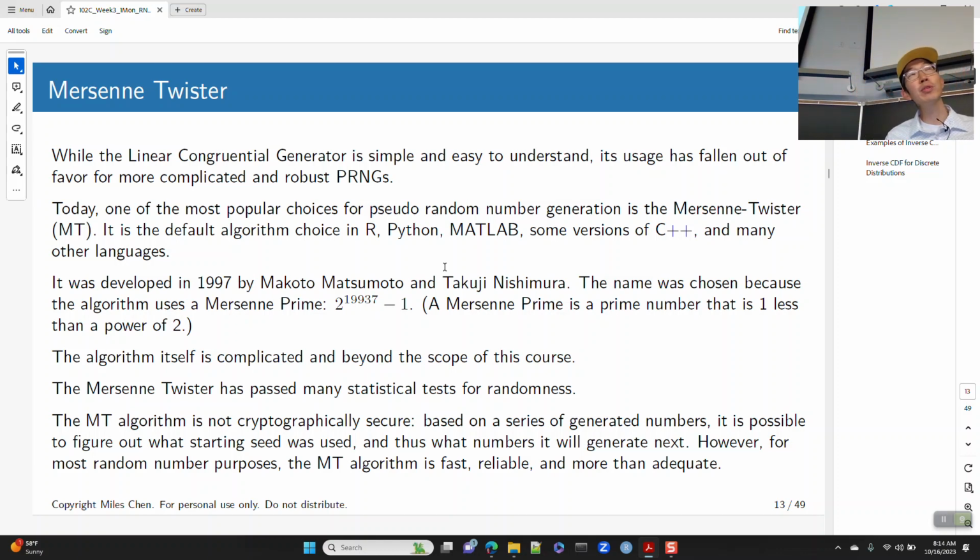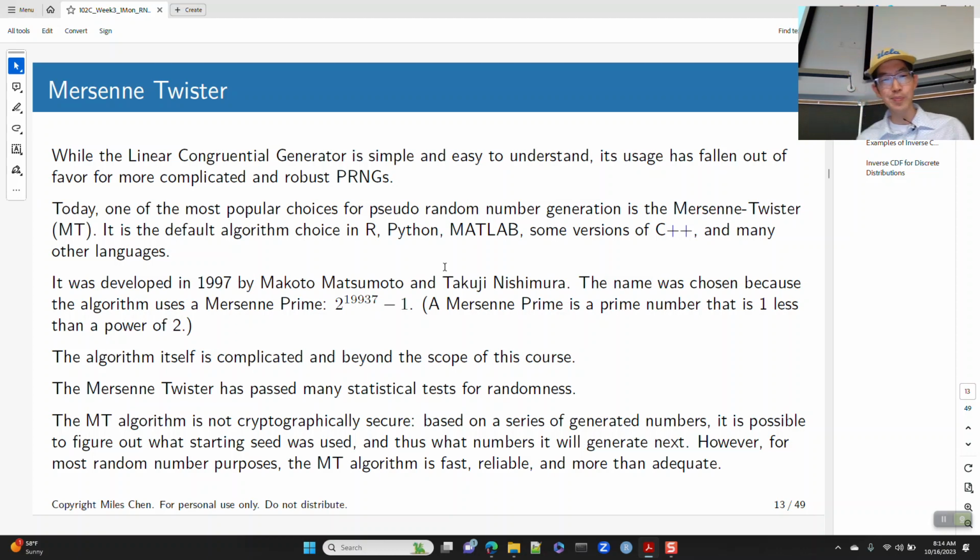Today, when you use R uniform on your computer, almost always it's using this algorithm called the Mersenne Twister. So this linear congruential generator, it's pretty easy for us to understand, and I can explain it. But now the random number generator that we often use is the Mersenne Twister.